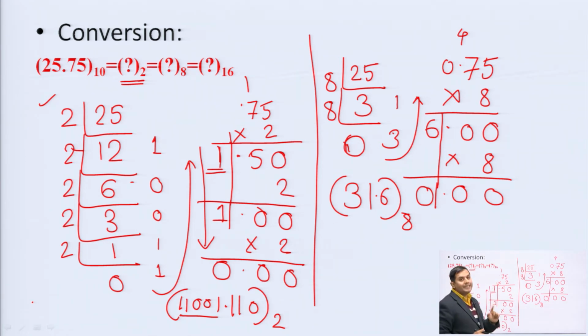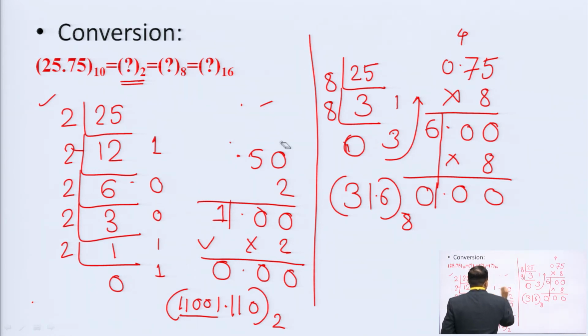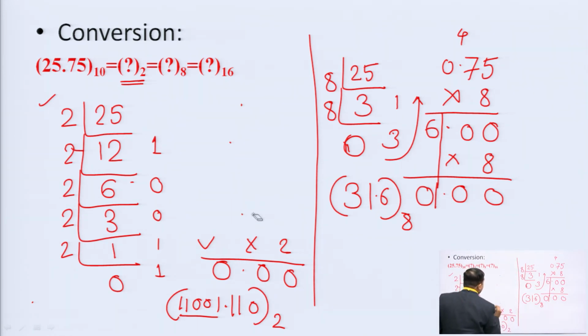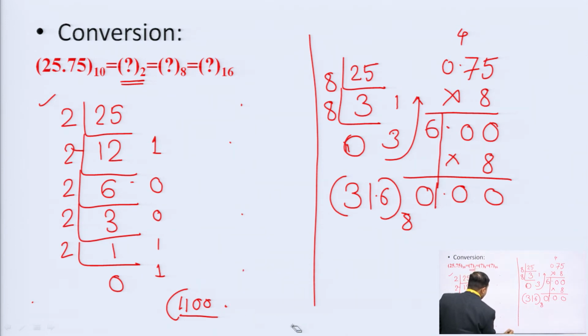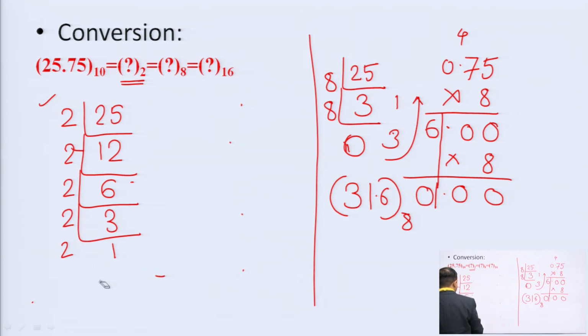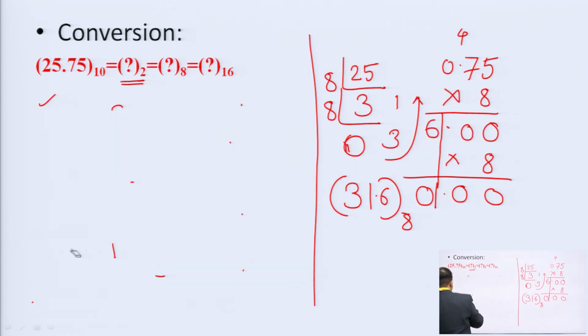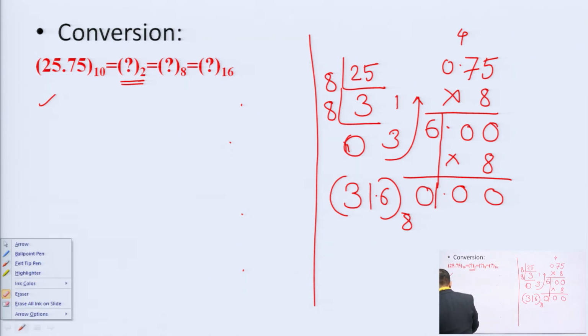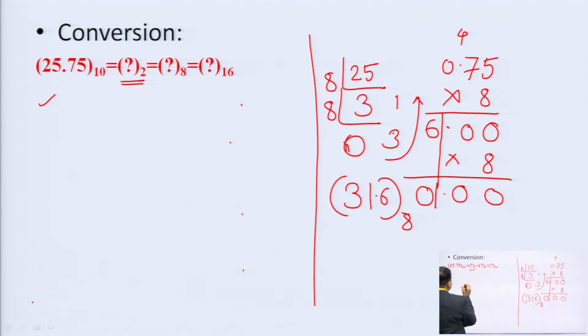Now, the last one is the hexadecimal number system. Here the base will be 16, because we are going to convert into hexadecimal. So, we will divide the integer part by 16. My number is 25 and we are going to divide it by 16.